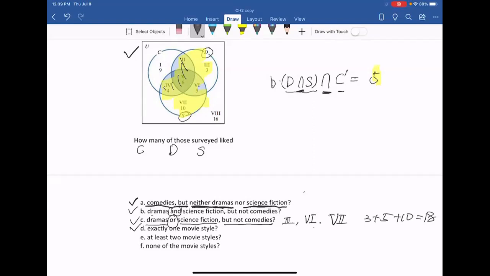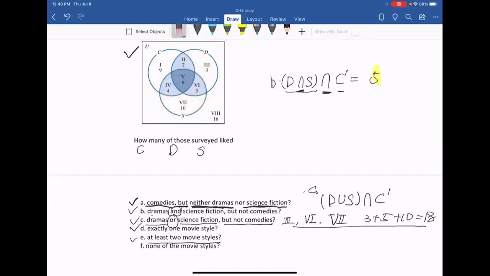How to express number C? Number C is drama or science fiction, intersect not C. This is number C. Number E, at least two movie styles.